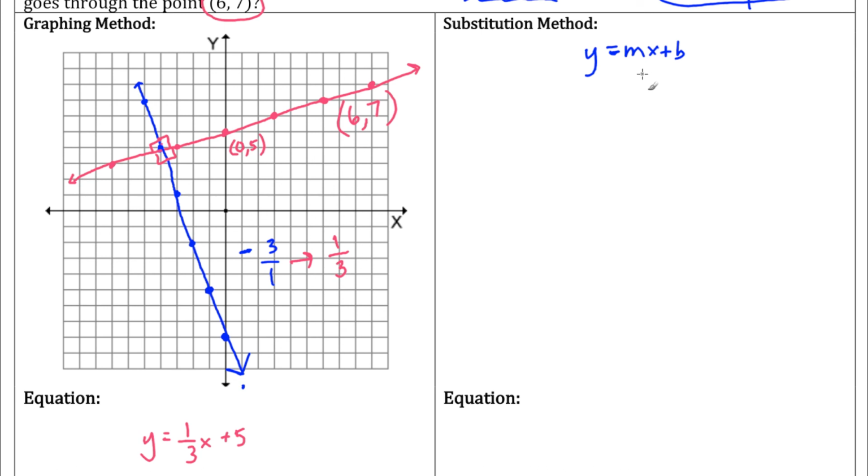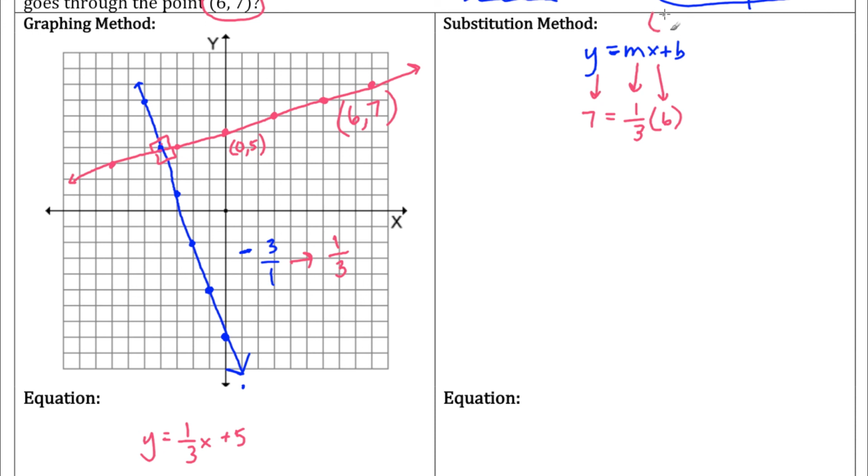Before we do that, let's make this slope correct. So the m needs to be not negative 3 over 1, but 1 over 3. And we have an x and it's 6, and it goes with a y that is 7.